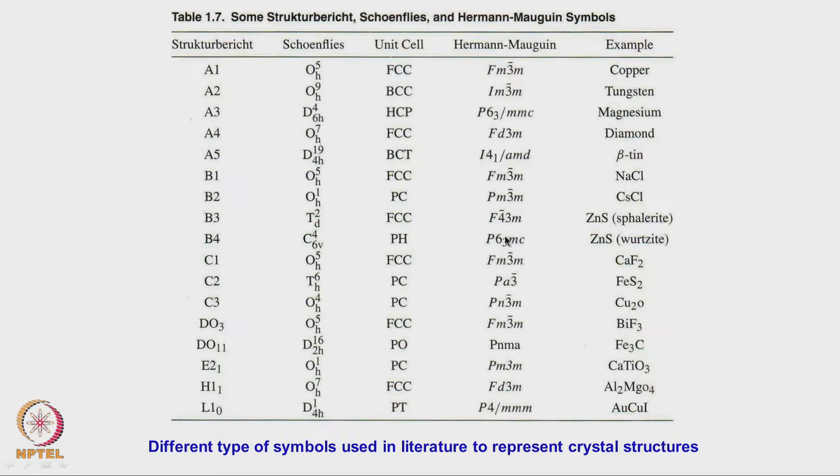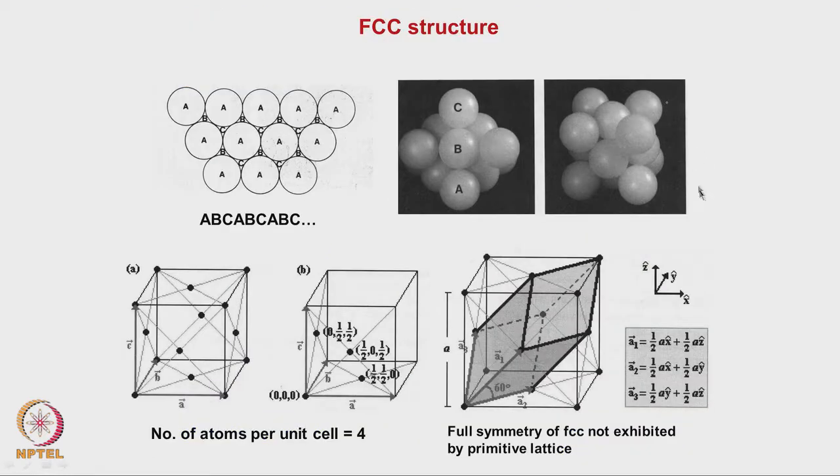This as well as the Schoenflies symbol, these are the two mostly used by solid state chemistry people who work on crystallography. Materials scientists use these symbols. And typically the element or compound which has that crystal structure, that information is always given.